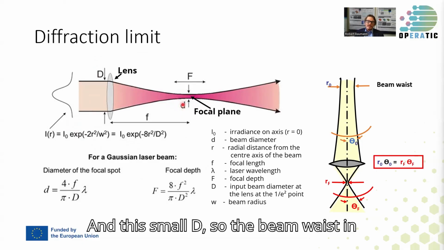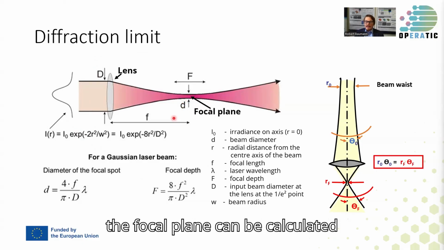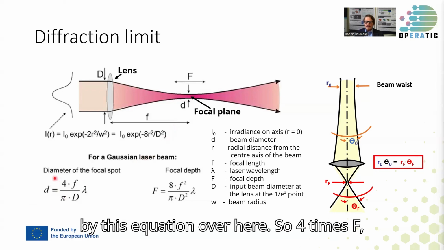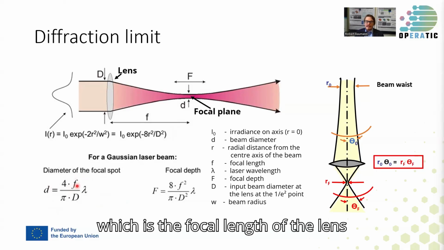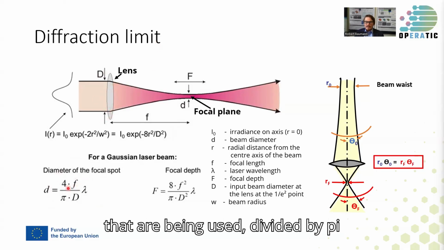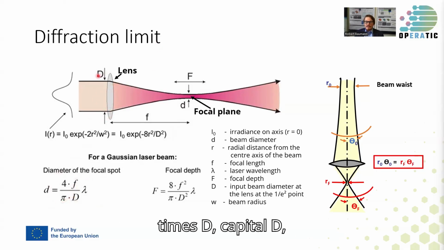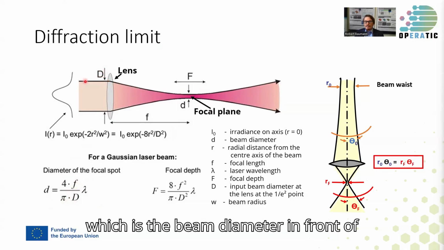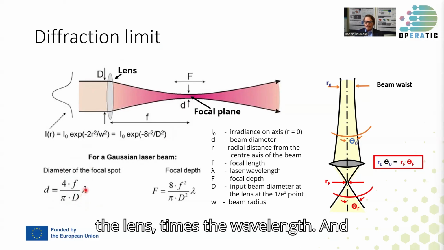This small d, the beam waist in the focal plane, can be calculated by this equation over here: 4 times f, which is the focal length of the lens being used, divided by pi times capital D, which is the beam diameter in front of the lens, times the wavelength.